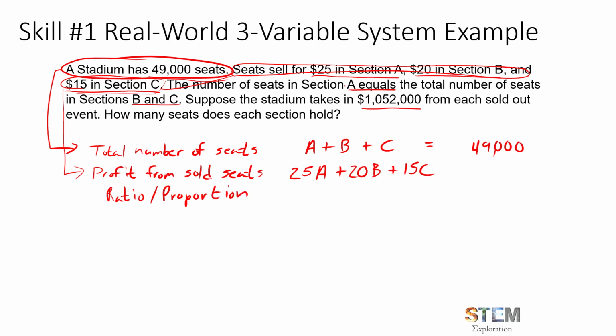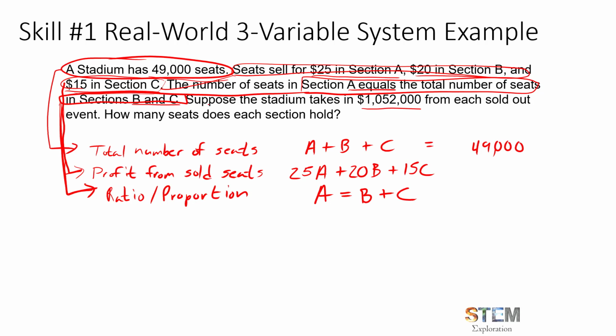And I am told that the number of seats in section A equals the number of seats in sections B and C. All right, so the number of seats in section A is equal to the number of seats in section B plus C.